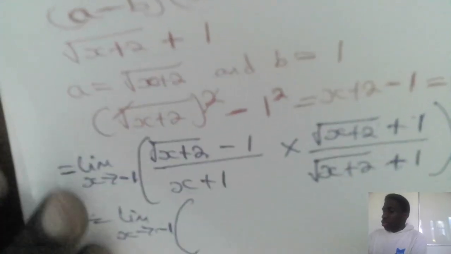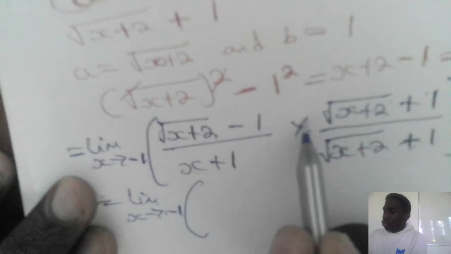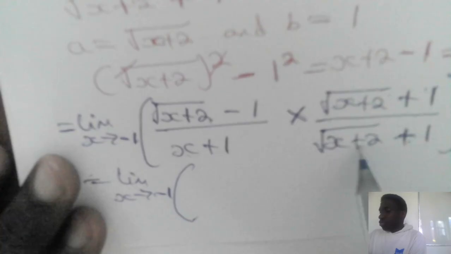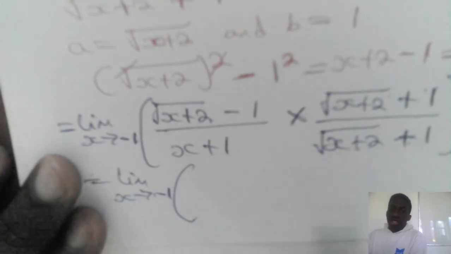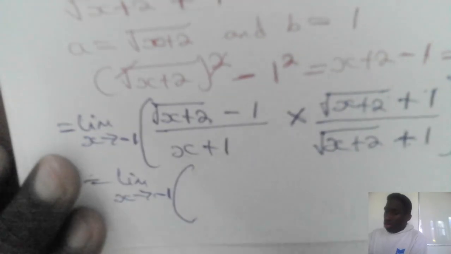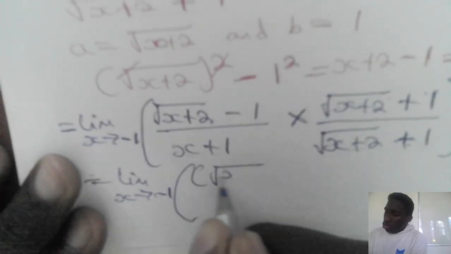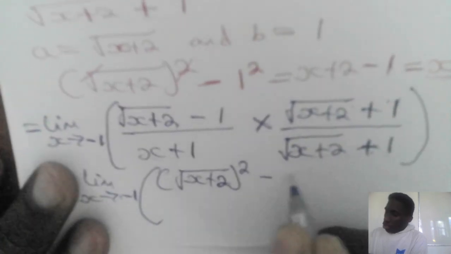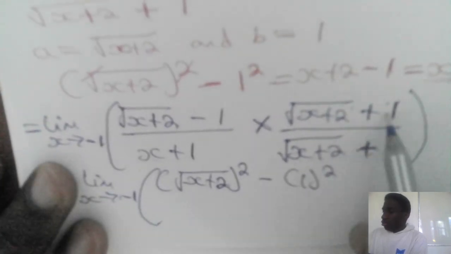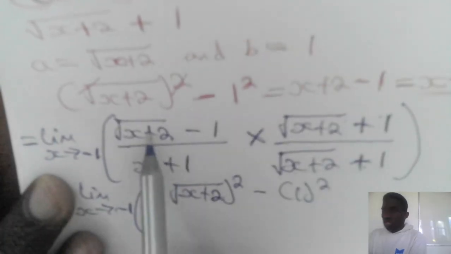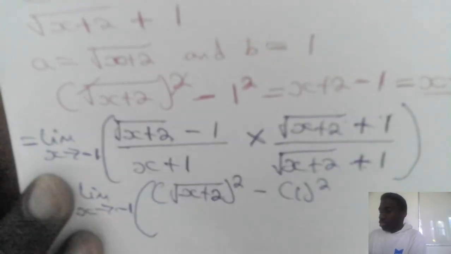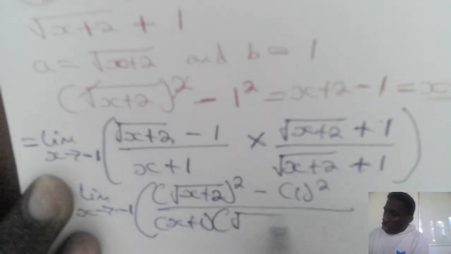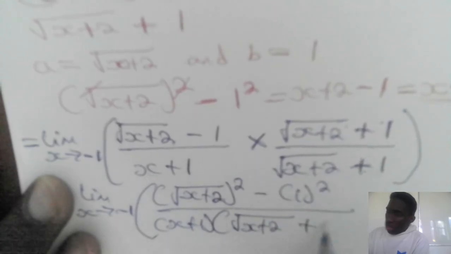We just concentrate on the numerator. So our result is going to be square root of x plus 2 all squared minus 1 all squared. So it's just going to be the square of this minus the square of this. That's just it. And here we have x plus 1 multiplied by the square root of x plus 2 plus 1.